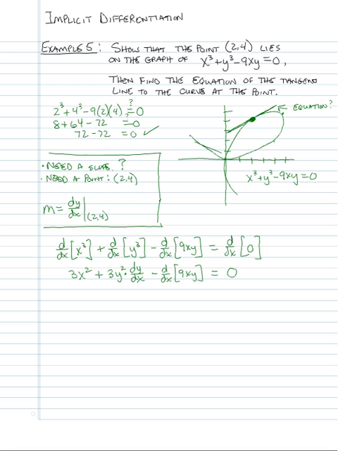Now, what I want to do here again is take this derivative, and we've got to use the product rule on it. Use the product rule to find the derivative of 9xy with respect to x.